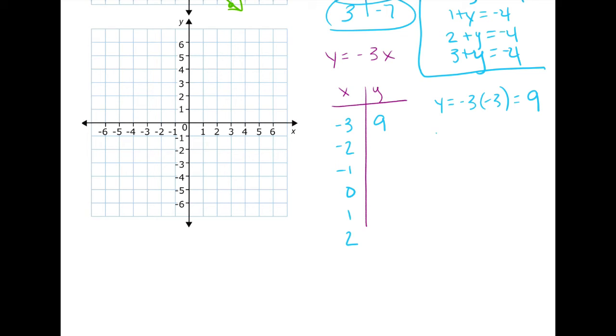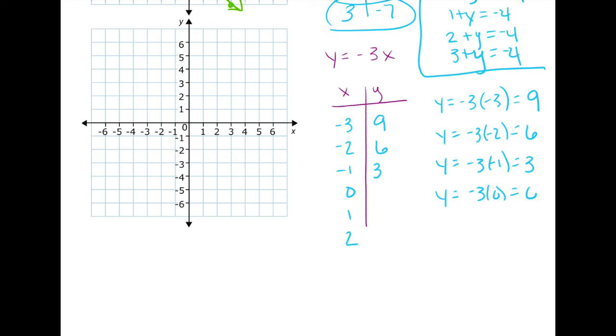Okay, now we're going to substitute negative 2. Remember, a negative times a negative is a positive, so that gives me positive 6. Let's do it again. Negative 3 now times negative 1 is going to give me a positive 3. Again, let's plug in 0.